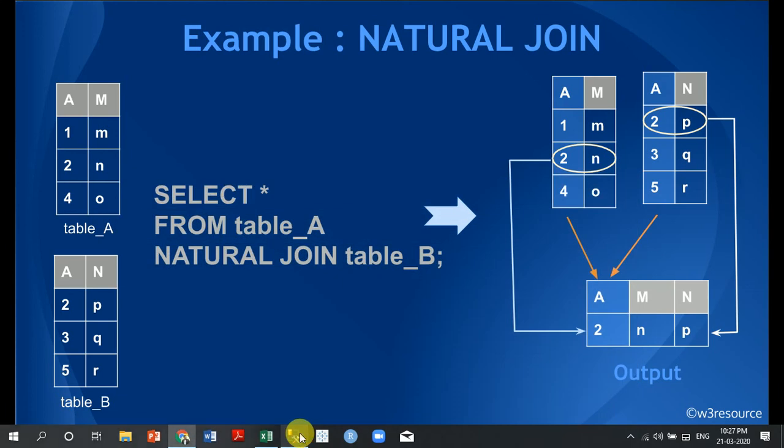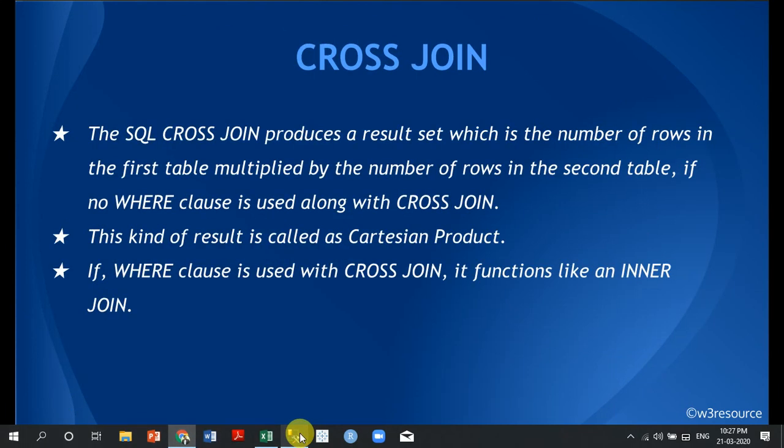Okay, now moving on. Before coming back to the natural join, we are going to cover the cross product, or we call it the Cartesian product, or you can call it the dot product or cross join. So what does this cross join refer to?